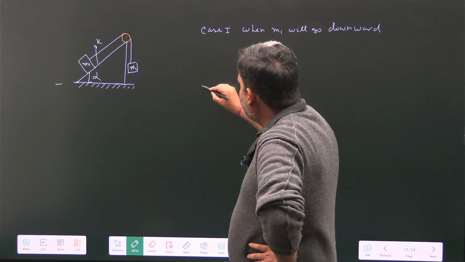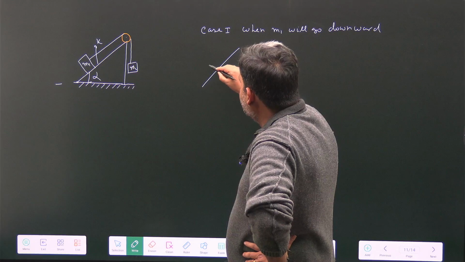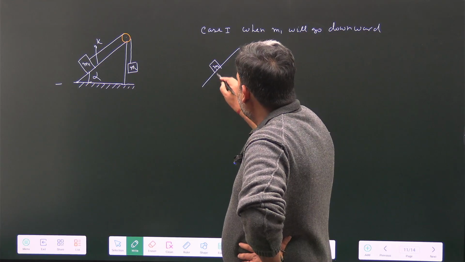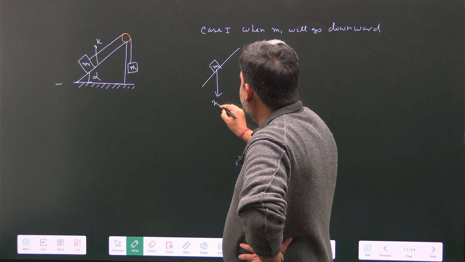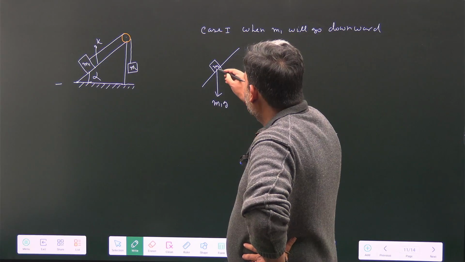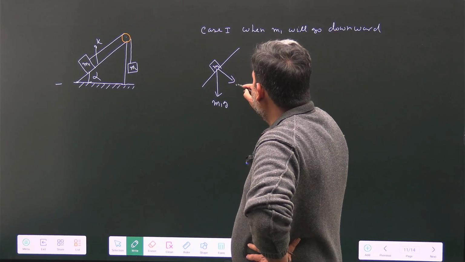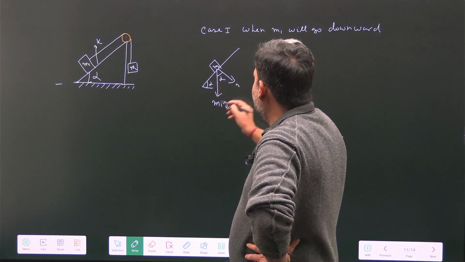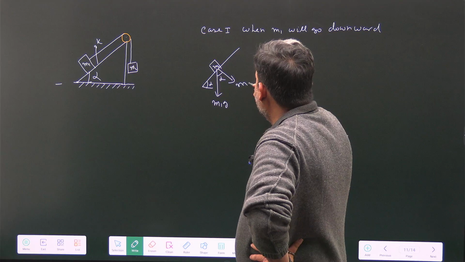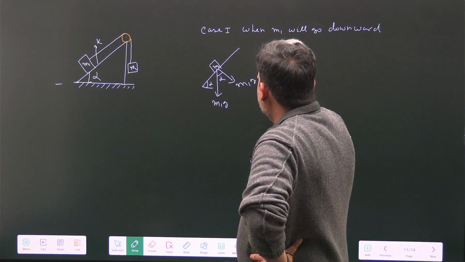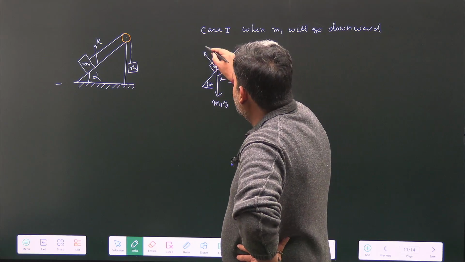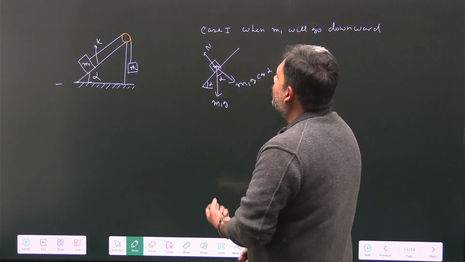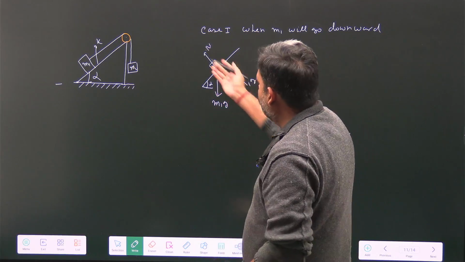यहाँ पर जो हो रहा है वो आप देख सकते हो कि this is my m1 and the weight is m1g. This angle is alpha, so this will be m1g cos alpha. This is normal, ये हमारा normal होगा, because weight इसको नीचे pull कर रहा है, then obviously normal will act.